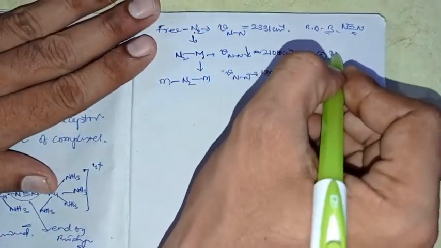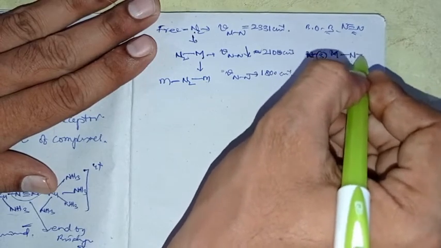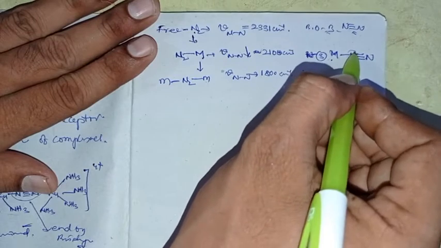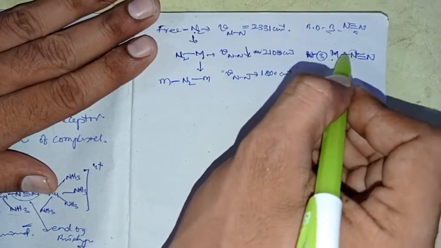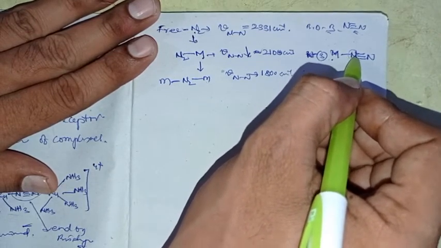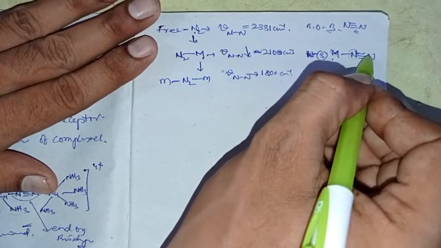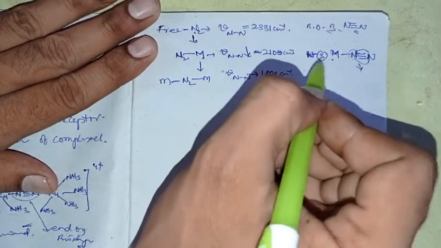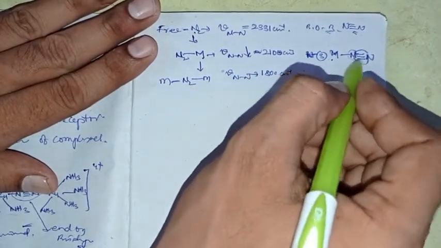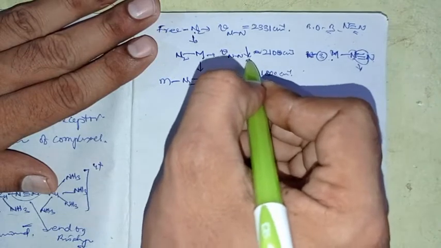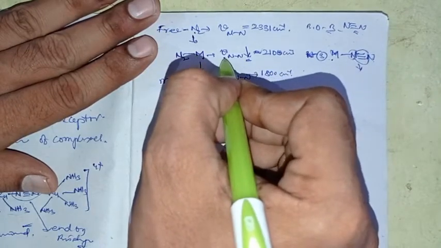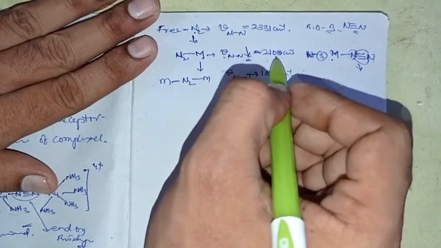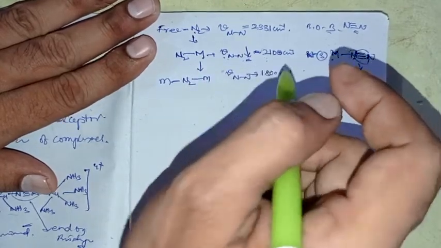When dinitrogen bonds with the metal, the nitrogen would have more than a triple bond, so the nitrogen to nitrogen bond order decreases. This decrease in bond order is reflected in a decrease of the stretching frequency from about 2300 to about 2100.